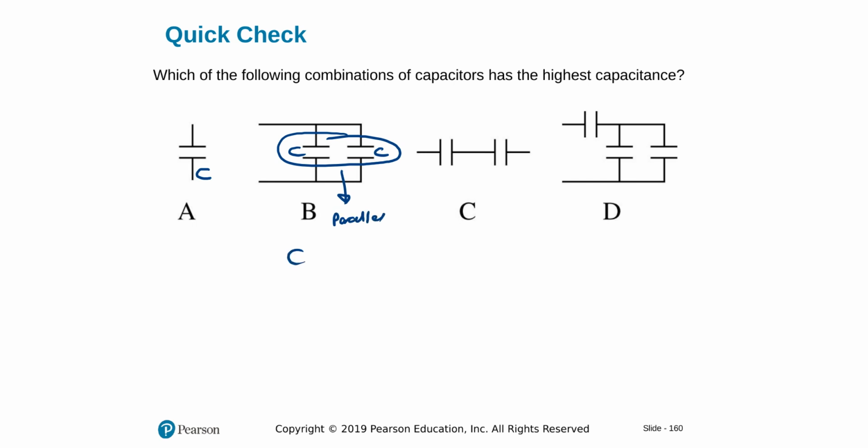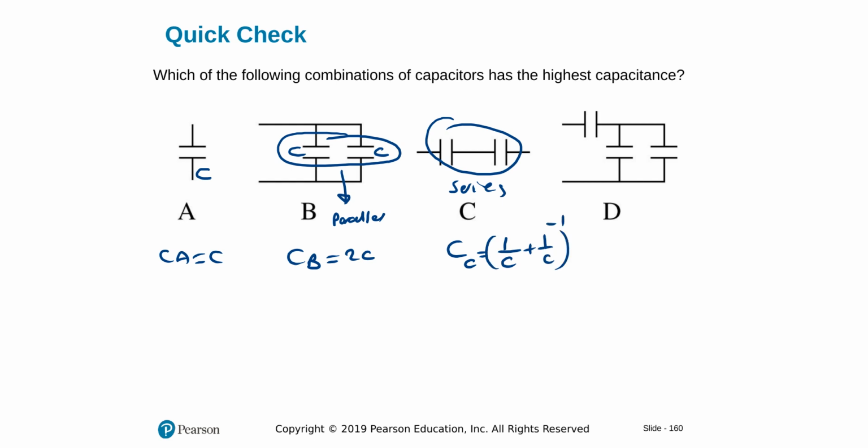So the C equivalent in B will be 2C, in A it's just C, and in C I have them in series, and C equivalent will be 1 over C plus 1 over C inversed, that will be C over 2.